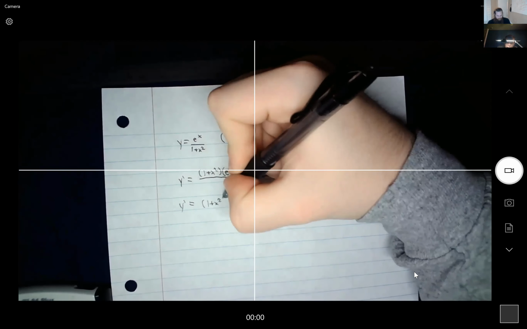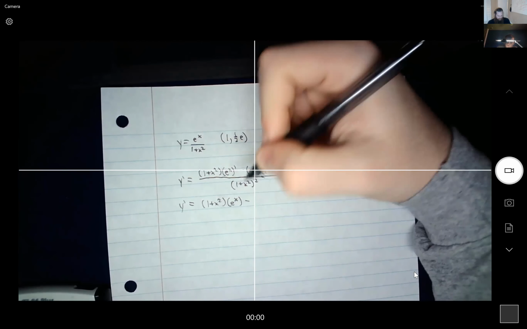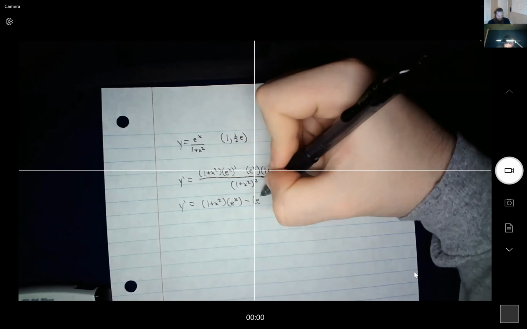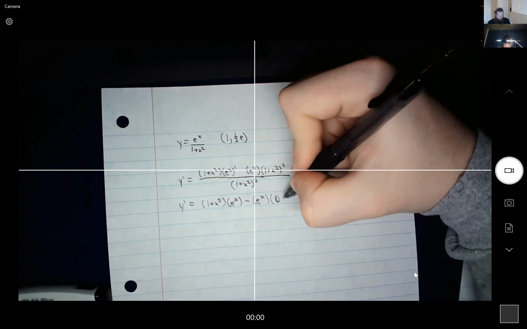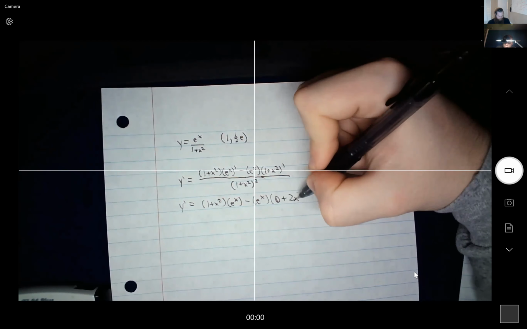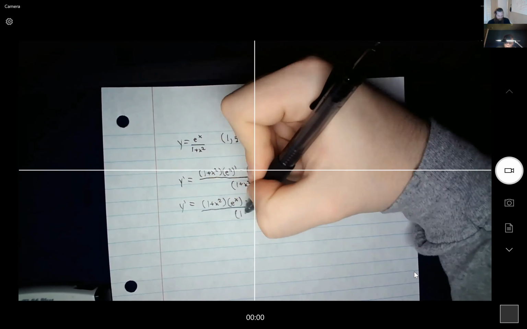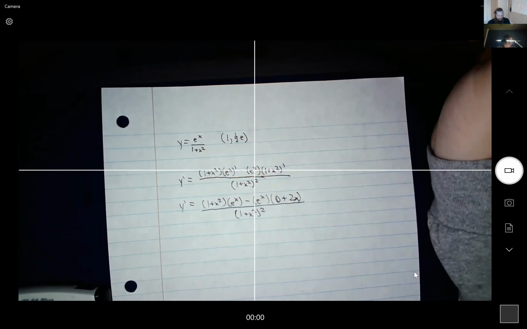So then we can derive. 1 plus x squared times the derivative of e to the x, which is e to the x, minus e to the x times, okay, derivative of 1 is 0, derivative of x squared is 2x, all over 1 plus x squared squared.